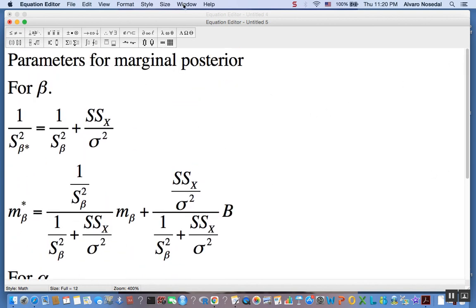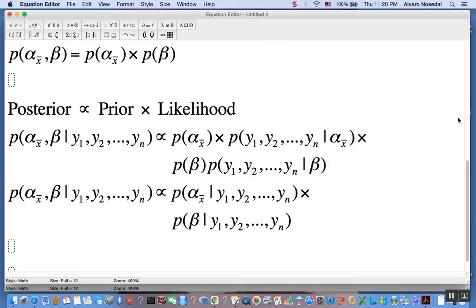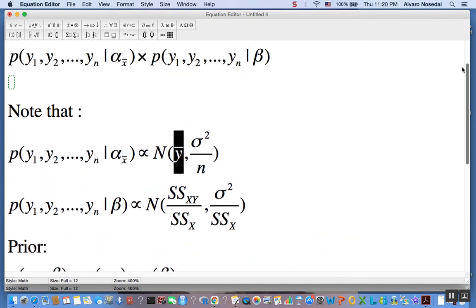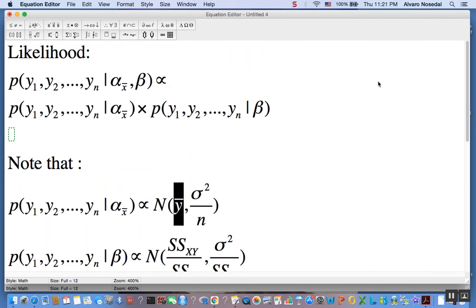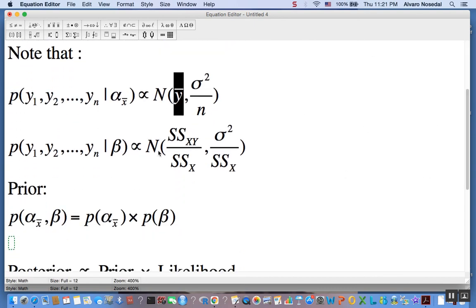So let's summarize what we just did here in this video. So we wanted to apply Bayes' theorem for the simple linear regression model. So we know that to do that we need our two main ingredients, the likelihood and the prior.